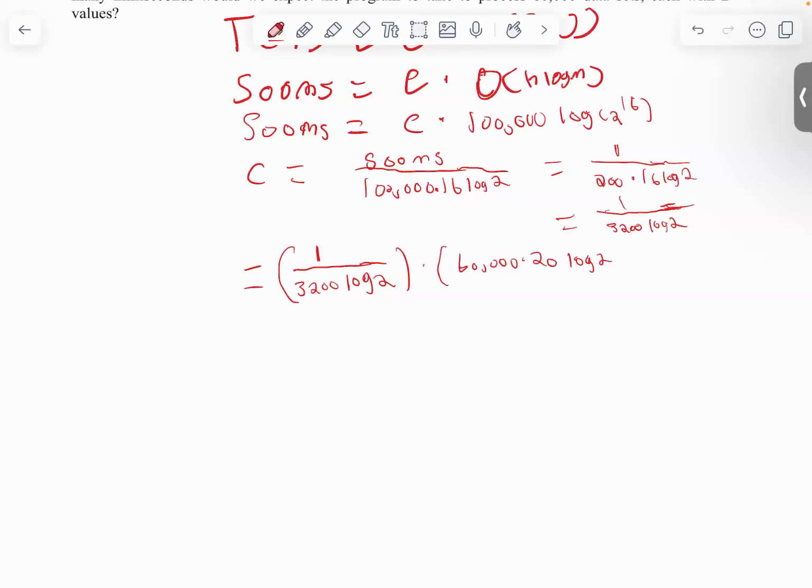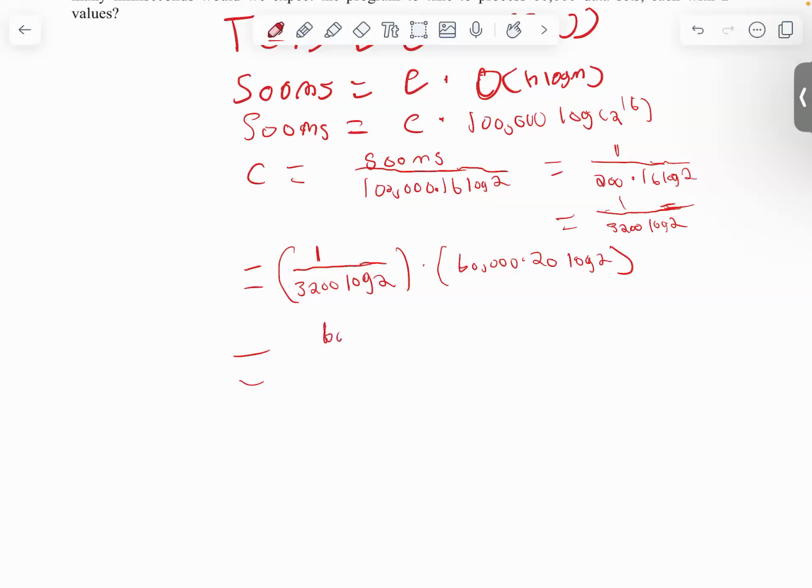Now again, you're just simplifying. Any questions? Okay, not so far. It'll be easier if I write out the entire fraction.